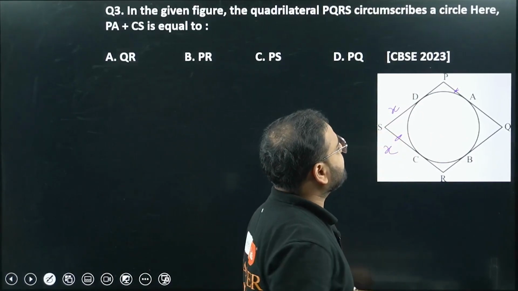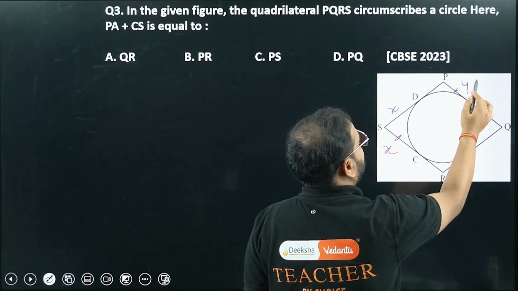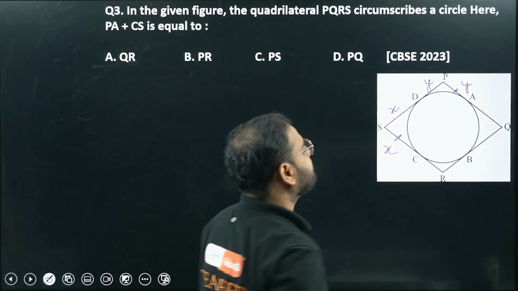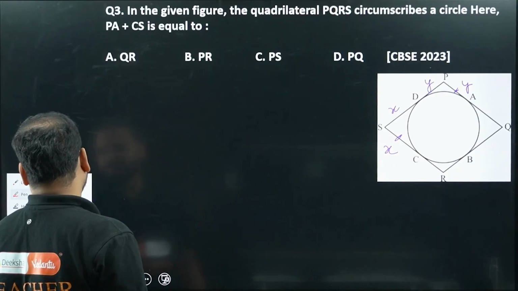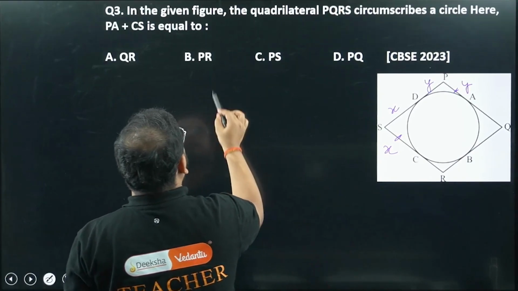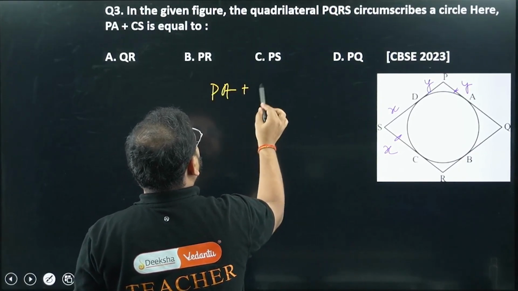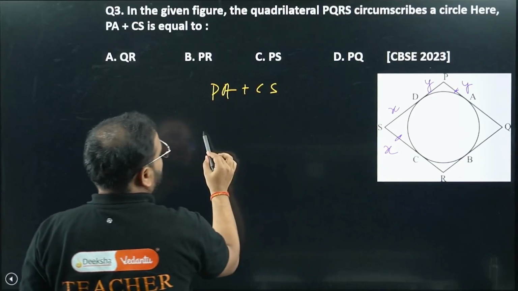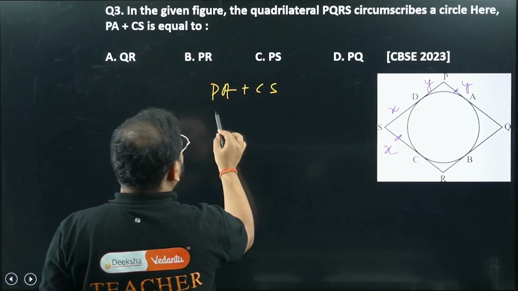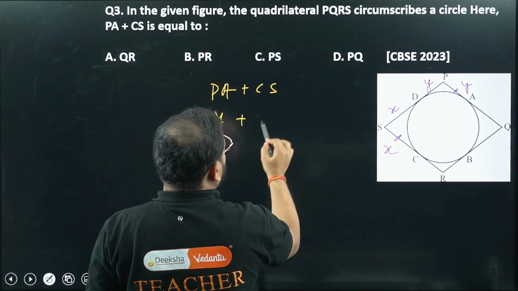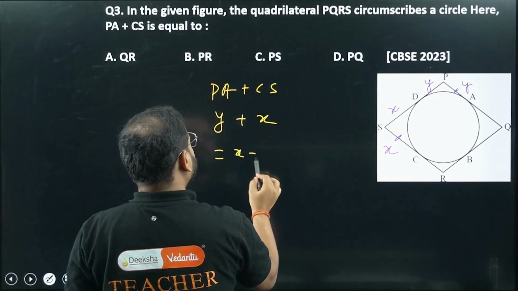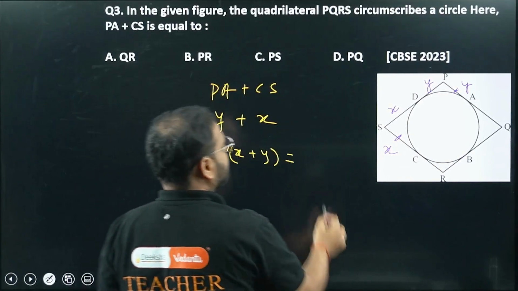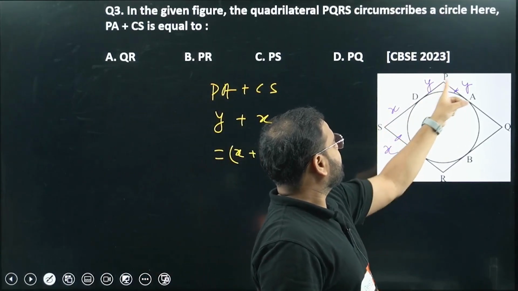So X and X. Same way, if this is Y, this is also Y. Please check. Now, what are they asking? PA plus CS. PA is Y, and CS is X. X plus Y simply. What is X plus Y? Please look at the figure. PS, sir.